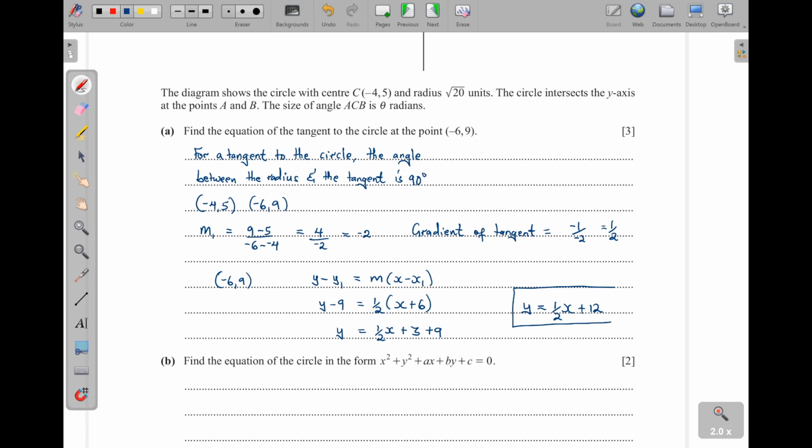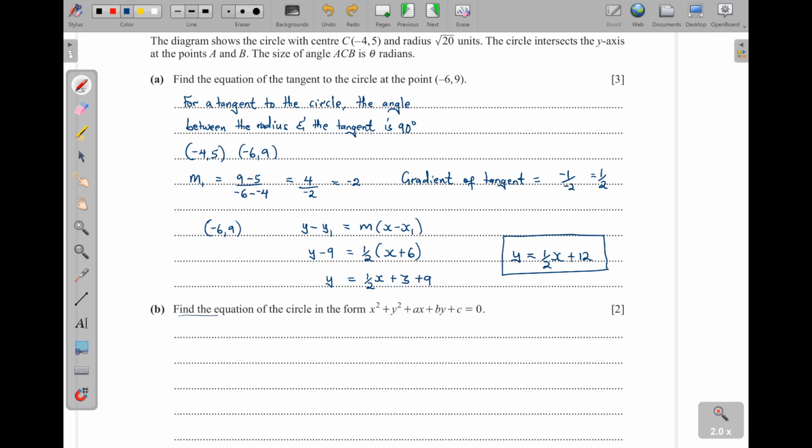That is that. Then part B, find the equation of the circle in the form x squared plus y squared plus ax plus by plus c is equal to 0. Now, you know that the general equation of the circle is given by (x minus a) squared plus (y minus b) squared is equal to r squared, where the center is (a, b).